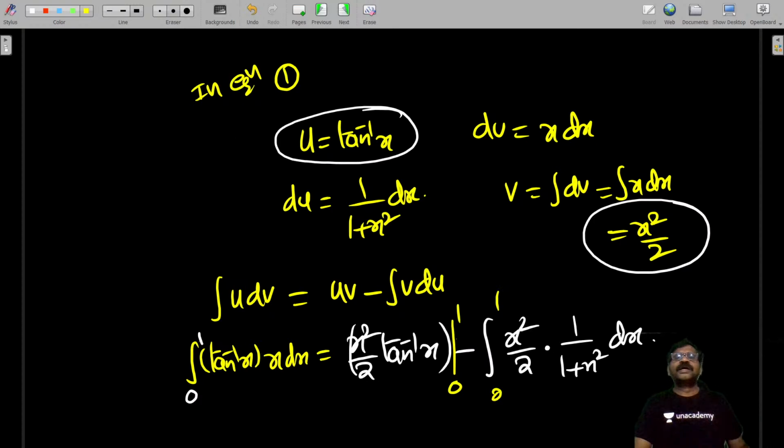Continuation. Applying the upper limit, you will get x square by 2 tan inverse x is 1 by 2 tan inverse 1.